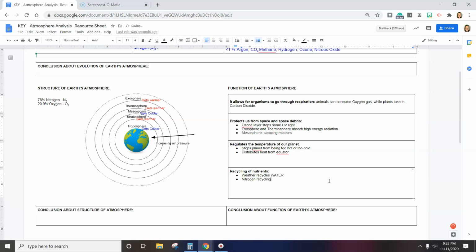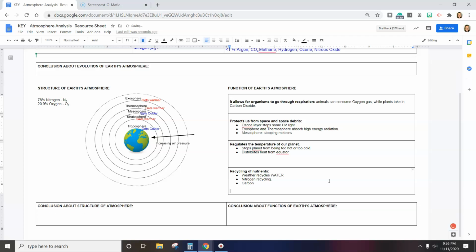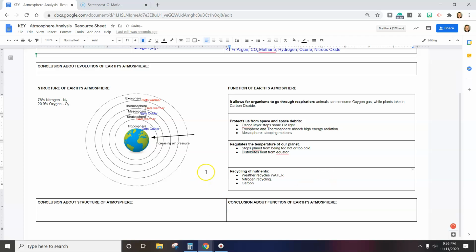So that nitrogen is passed on between the soils, it's in organisms and plants that are living, and then it is also released into the atmosphere and taken back up by the soil. So without our atmosphere, this recycling and moving of things like nitrogen, water, and even carbon would not happen. And you will find out just how important carbon cycling is in the coming weeks.